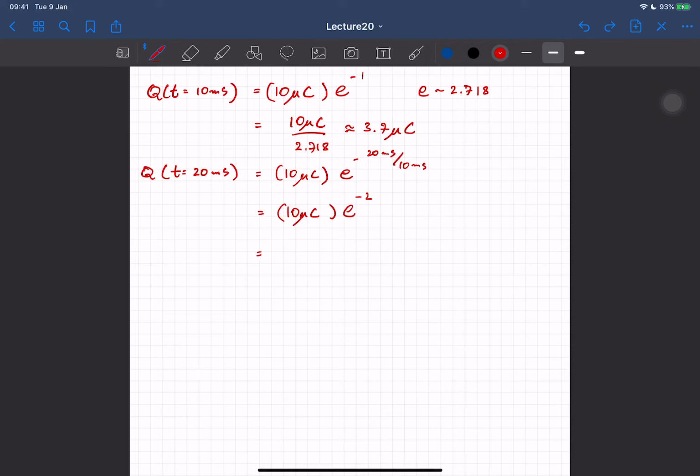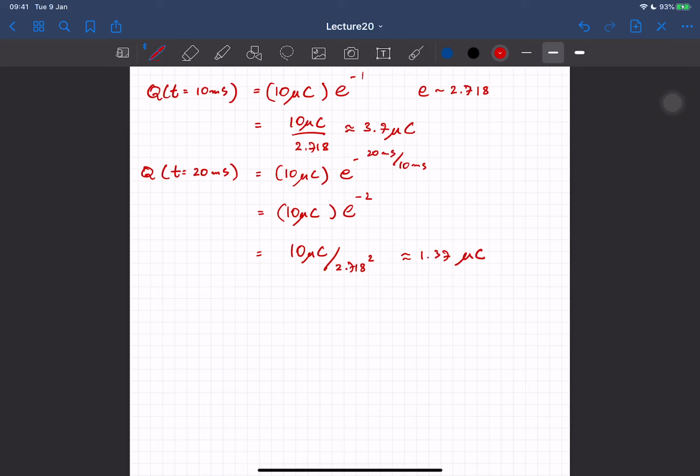Every time you divide by a factor of e, you are left with only 37% of the previous value. If you do it twice, you divide by 2.718 squared, which is about 1.37 microcoulomb. So every time you wait another time constant, it's reduced by another factor of e.